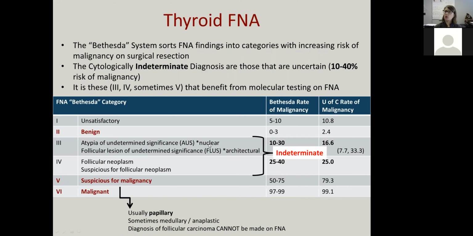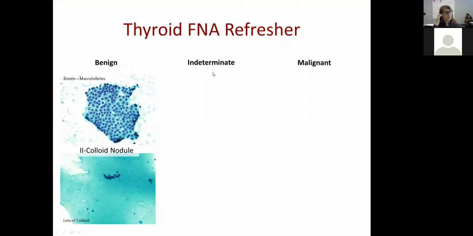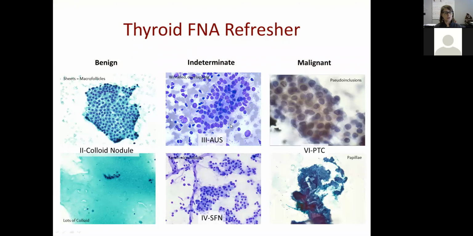AUS is considered more of a finding of nuclear atypia, where you are actually more concerned for papillary carcinoma, and FLUS is an architectural atypia, meaning small follicles but bland nuclei, where you're actually more concerned for a follicular neoplasm like a follicular adenoma or follicular carcinoma. So we will go over the various categories ranging from benign to indeterminate to malignant in the next slides.